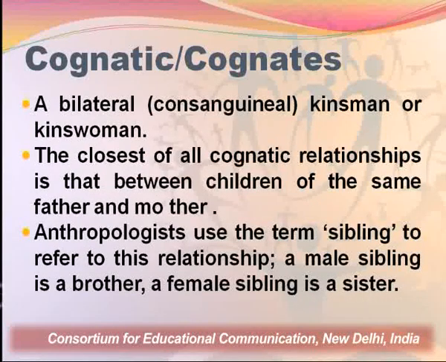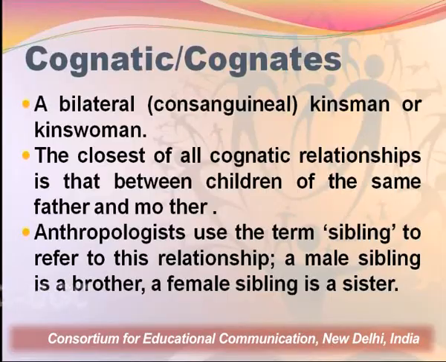The related, or rather opposed, term to agnatic is cognatic or cognates. Another term for cognatic is bilateral. A bilateral kinsman or kinswoman is the closest of all cognatic relations, that is, between the children of the same father and mother. The distinction between agnate and cognate is that agnates are all male members in the patrilineal line of descent, whereas cognates could be either male or female.